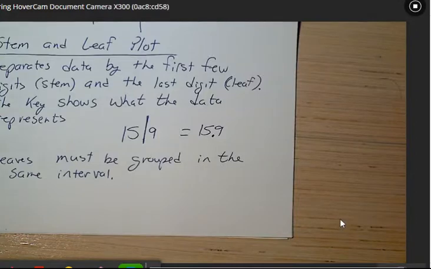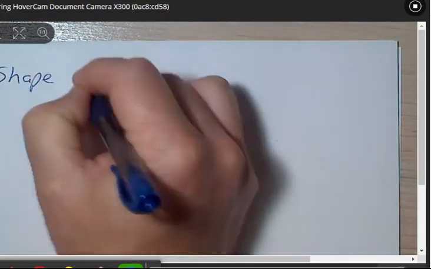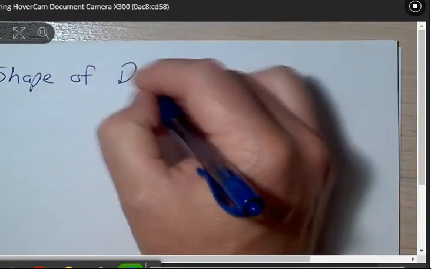Okay. And then the last thing that they give to you in section 1 is the shape of the distributions.